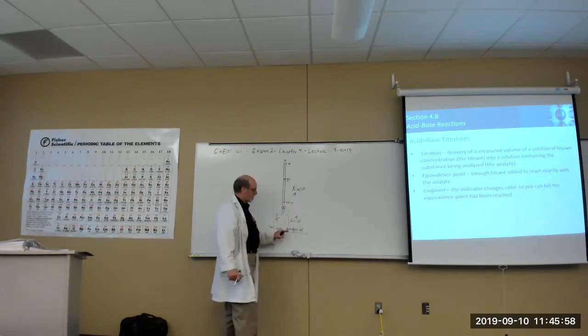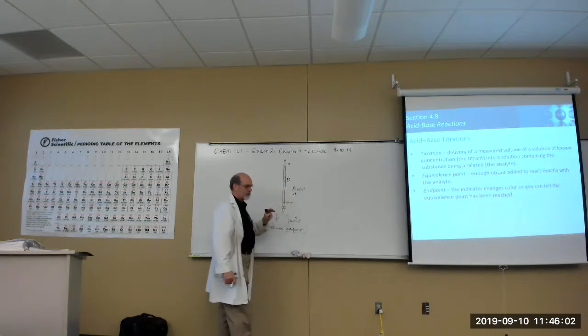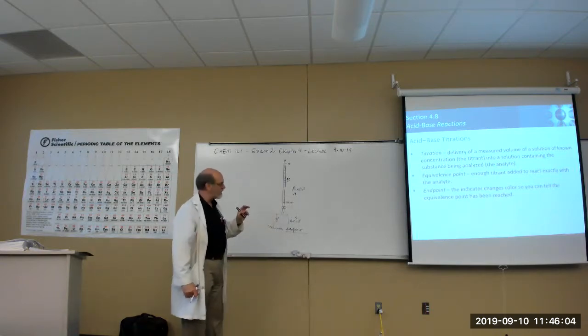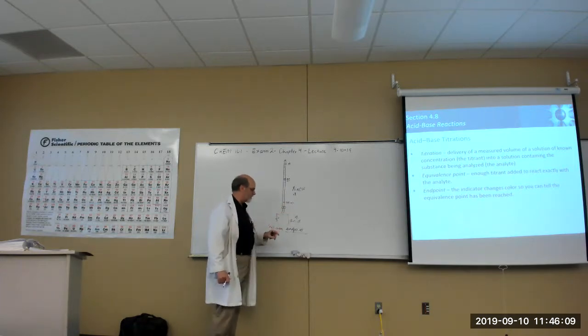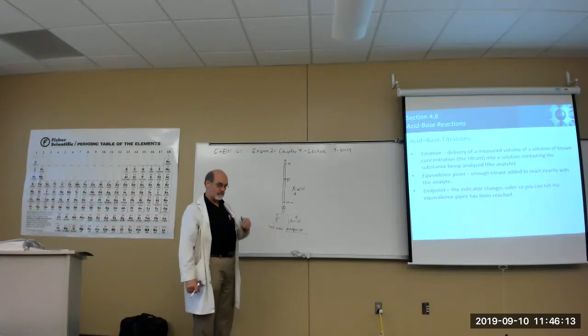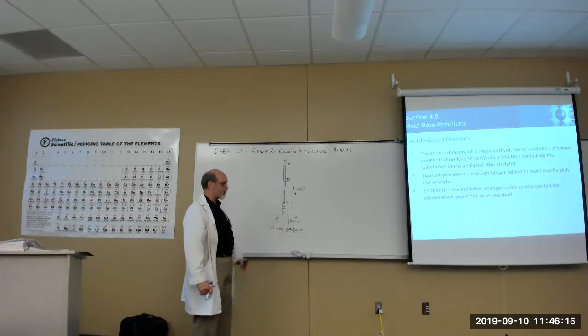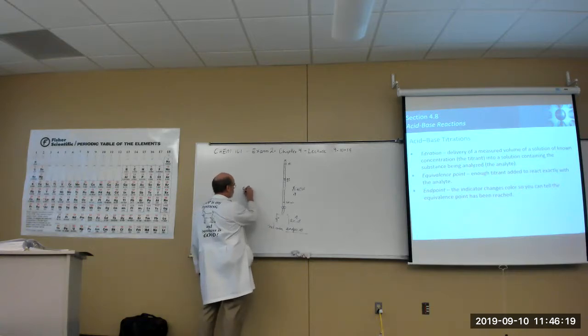End point is when we're very close to these being equal. If we have a way of noting exactly when this is equal to that, not by an indicator, but say with a pH meter where we can measure the pH as the reaction goes, then we can calculate the equivalence point.